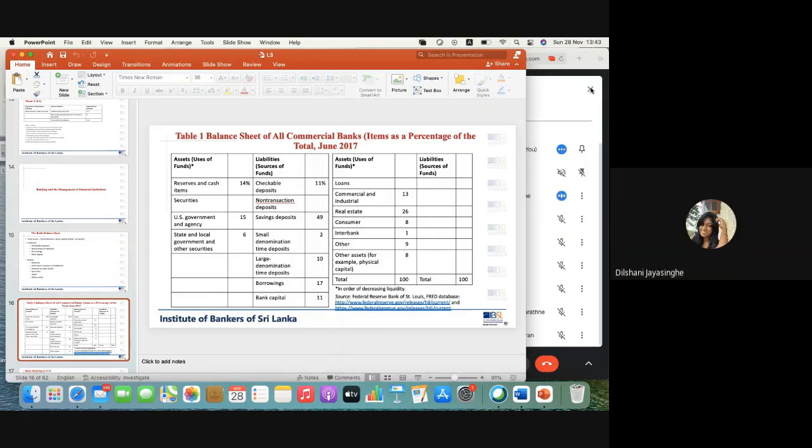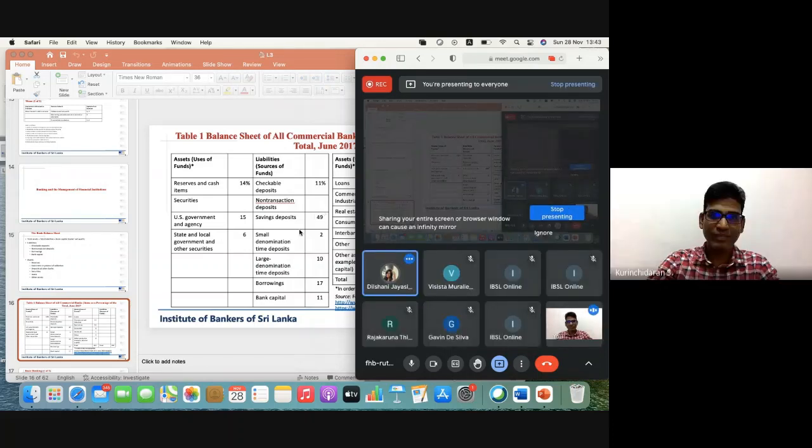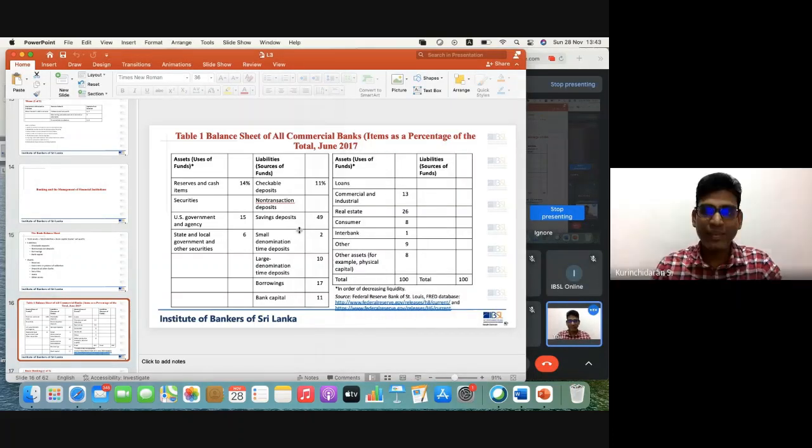In the form of liquidity, sir, from the most liquid assets to the least liquid assets. Exactly. So top to bottom, you could see the most liquid assets, and then the bottom is the least liquid assets. So bank capital, it's 11%. Normally you can remember that in the US financial system, the regulatory requirement is 7% or 8%.